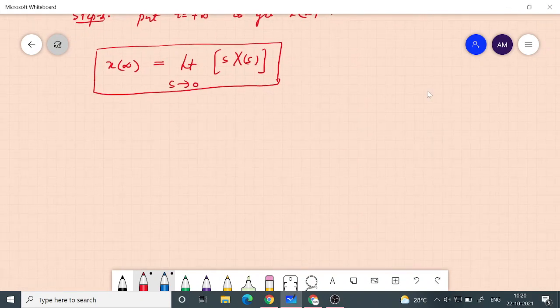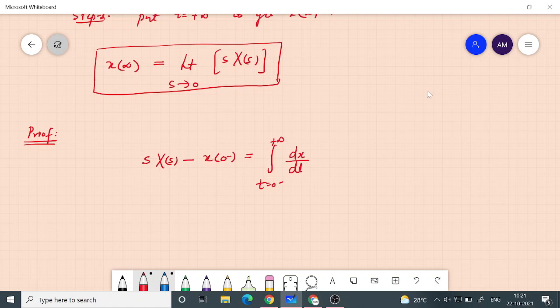Alright, so let's say the proof, just like we did the derivation for the other. Again, this derivation also starts with the same property, that is s into x of s minus x of 0 minus is equal to the integral, t going from 0 minus to plus infinity, of dx by dt into e raised to minus st dt.